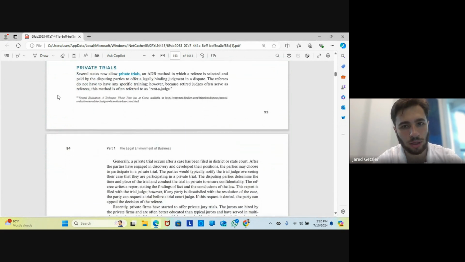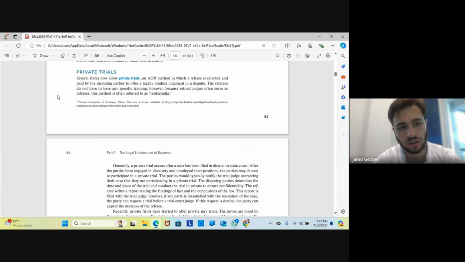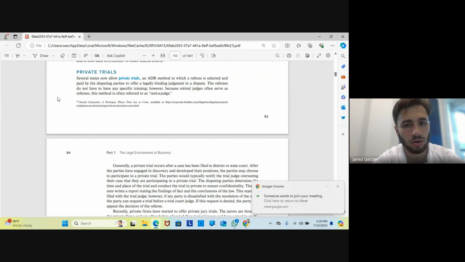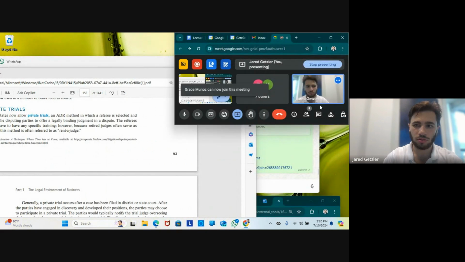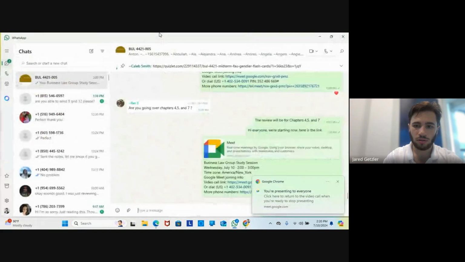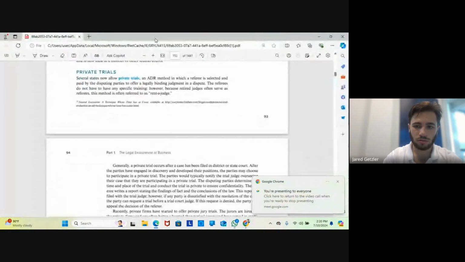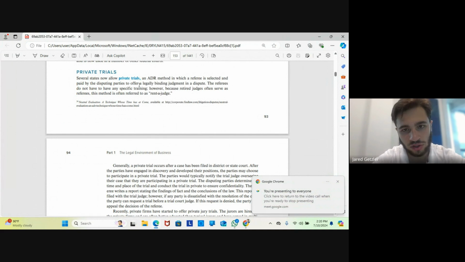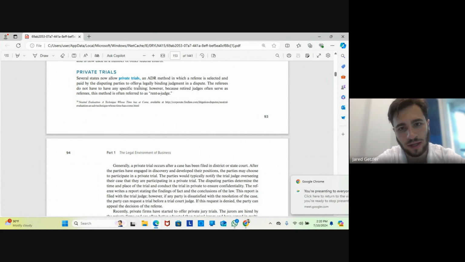So we also have a private trial. So this is a little different. So in a private trial, you're going to select a referee. So the disputing parties will pay a referee to make a legally binding judgment in a dispute. So the referees don't have to have specific training.